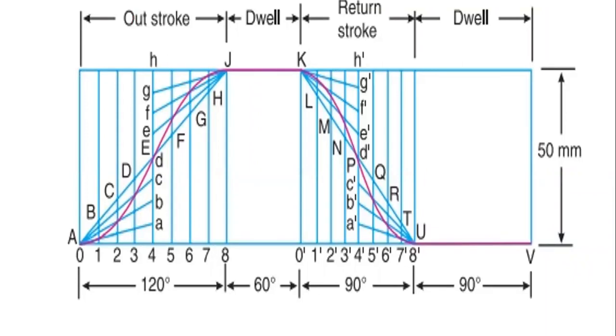You need to draw the rectangle whose length is the angle position, a total of 360 degrees, which we have to convert into centimeters, and the vertical line, the width, is taken as 50 mm, that is the stroke of the follower.